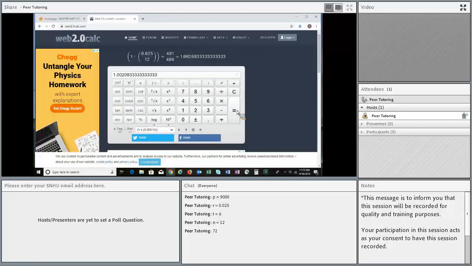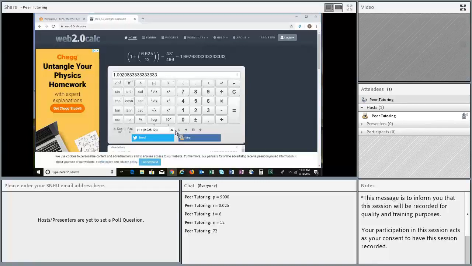If that is what you want to calculate first, you can definitely do that. We enter that in and we see that we get 1.002, etc. So that's everything in the parentheses.